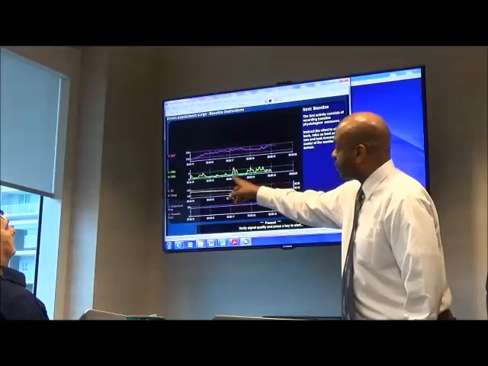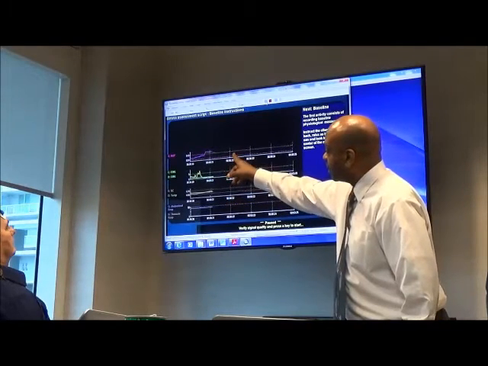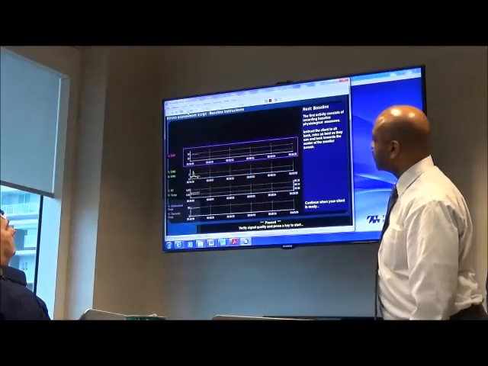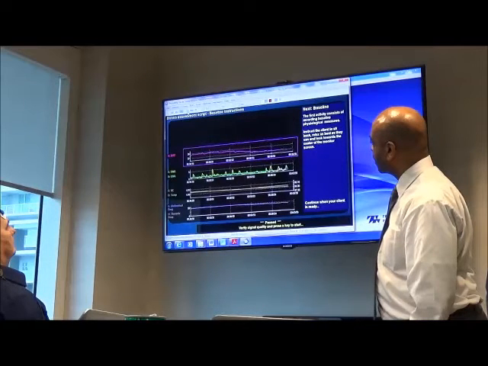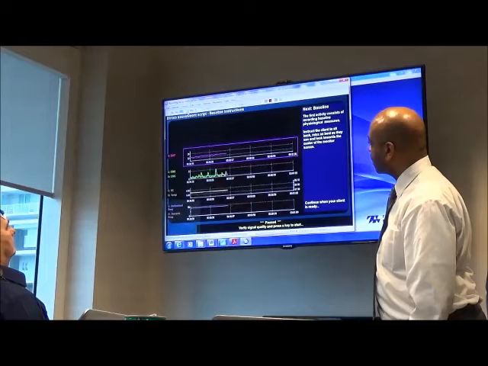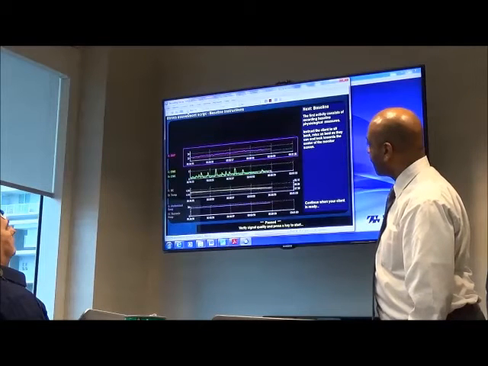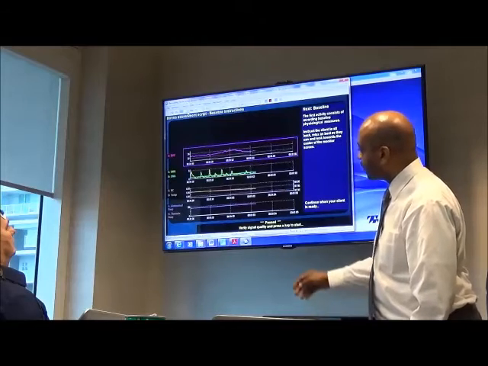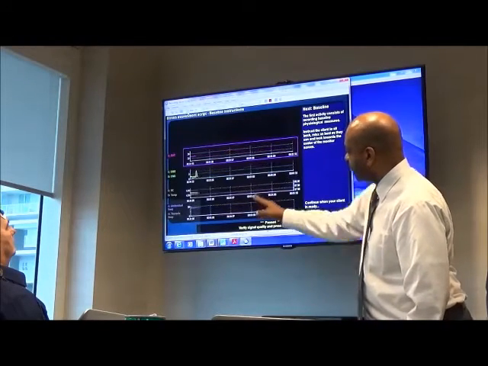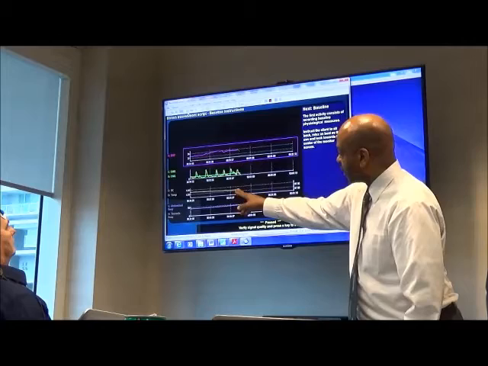Now we can see this is the blood volume. We have eye blinks, which is not natural because of the... That's on the EMG. There are the eye blinks. And then here you have temperature and skin conductance.